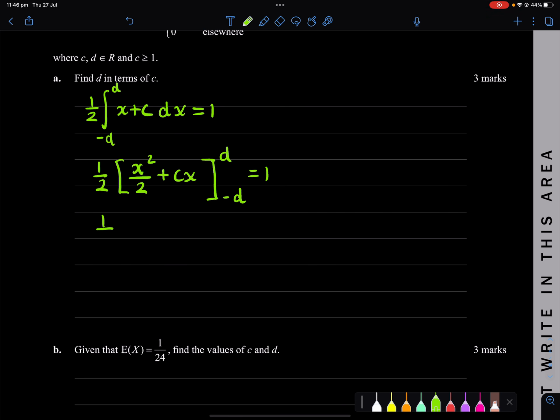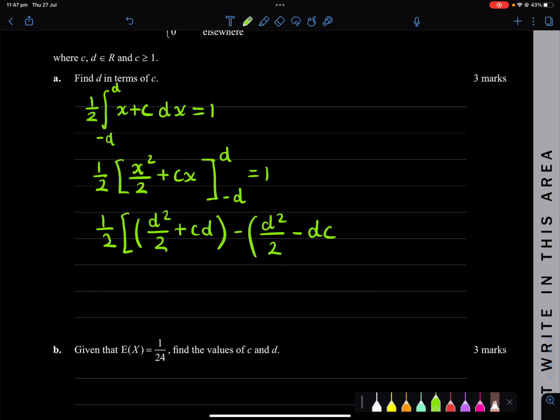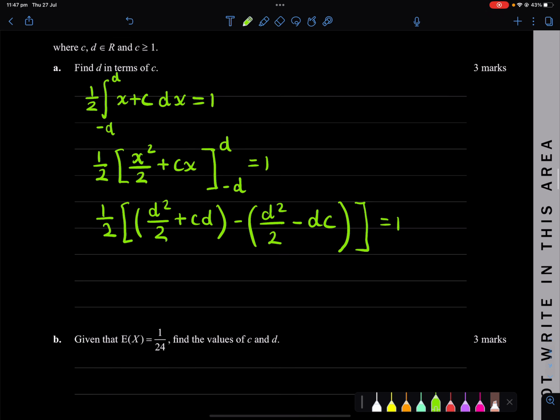So I'm still going to leave the half outside, and I'm going to sub in the first d. So it'll be d squared over 2 plus cd, minus, it'll be d squared over 2 minus dc here. Close bracket equals 1.